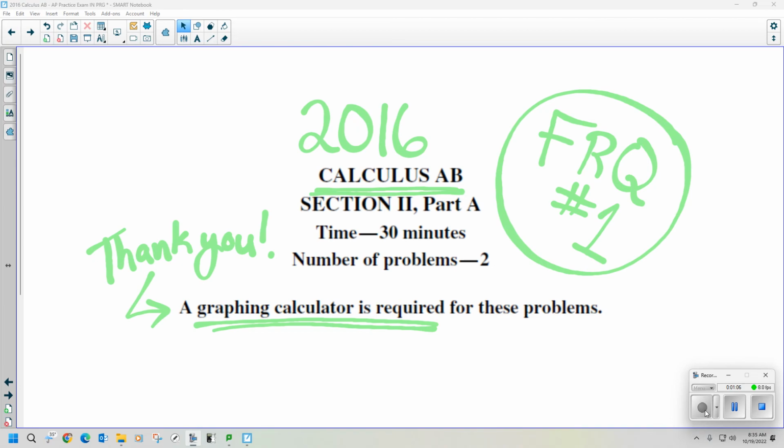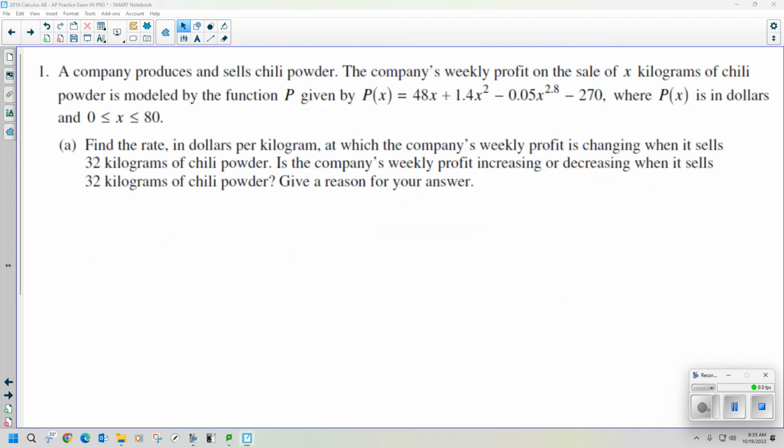And let's start free response question number 1. Number 1 reads, a company produces and sells chili powder. The company's weekly profit on the sale of X kilograms of chili powder is modeled by the function P given by P of X equals 48X plus 1.4X squared minus 0.05X raised to the 2.8 minus 270.